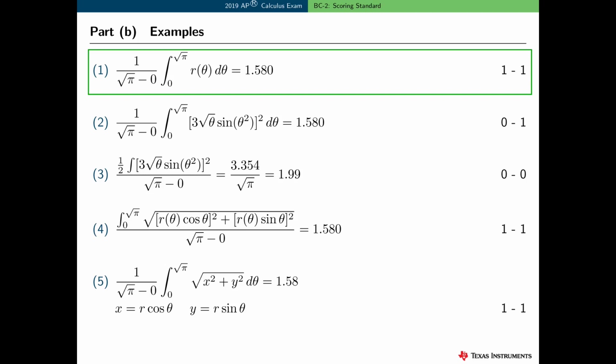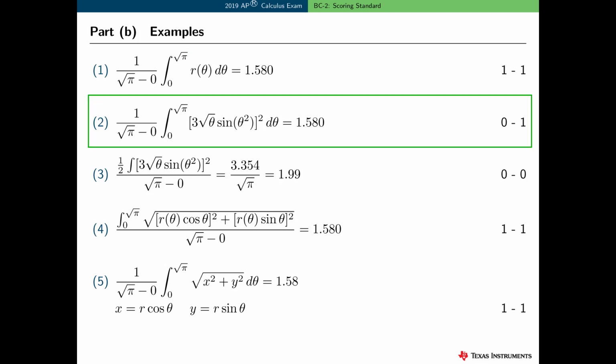In example 1, the student has presented the correct integral, the constant is correct, and the answer is correct. This earns both points in Part B. In example 2, the integrand is wrong. There's an extra square. But the bounds and coefficient are correct, and the student has produced the correct answer.